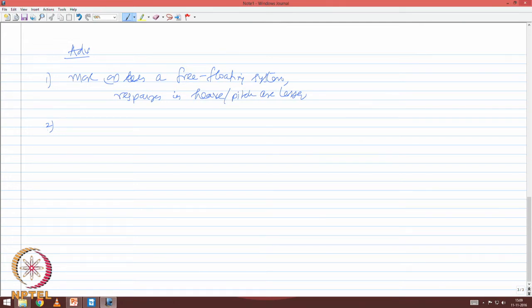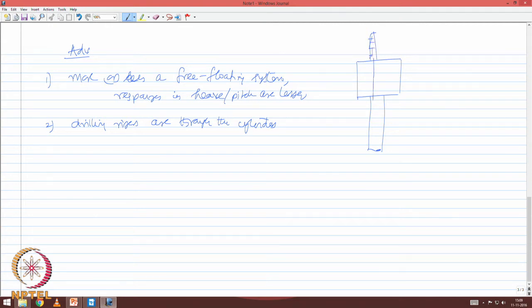One major advantage spar has compared to TLP is the drilling line. For example, this is my spar platform, this is my cylinder, this is my drilling derrick.